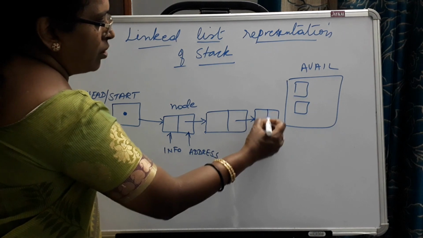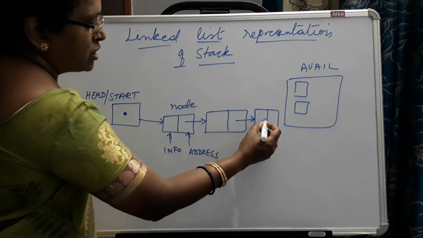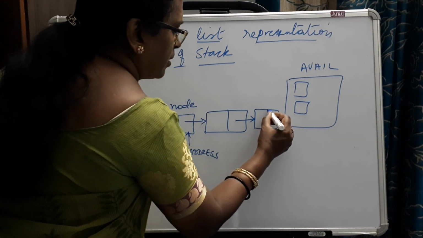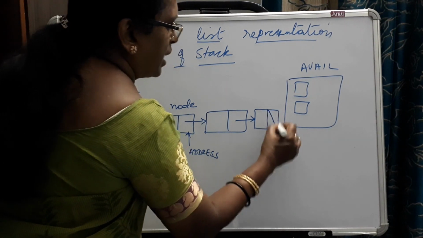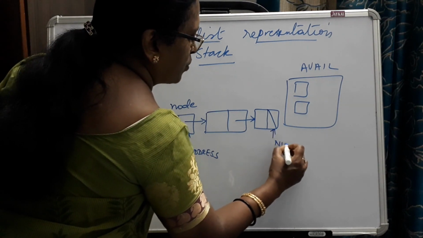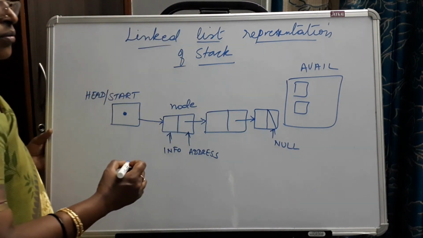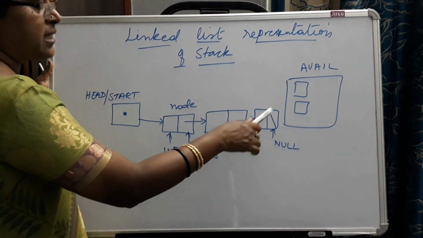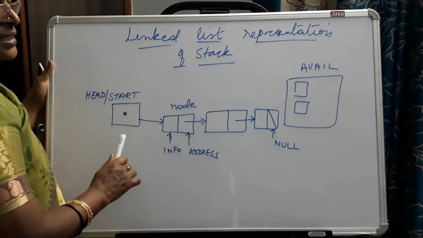Then the next node also has the information field and next node. The address field of the last node in the linked list will have null value. So when the address field is null, it means that is the last node in the linked list.